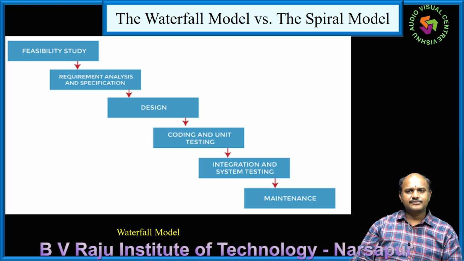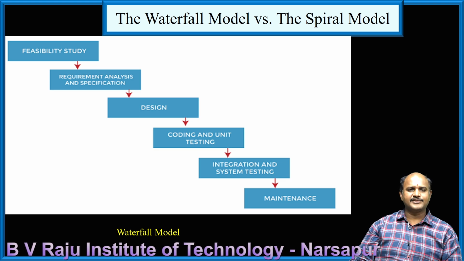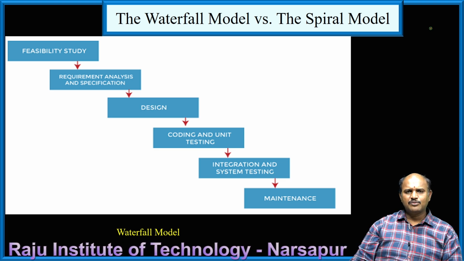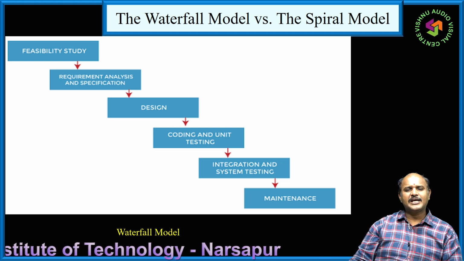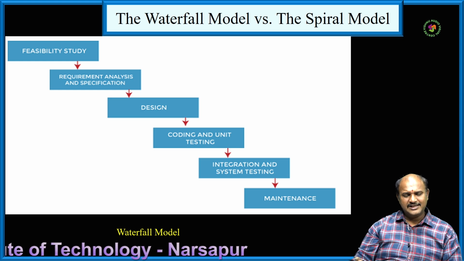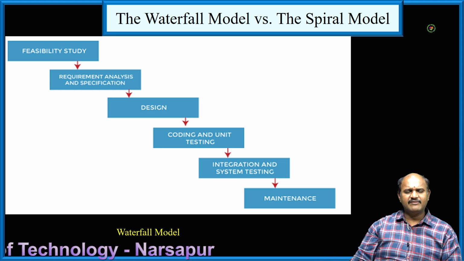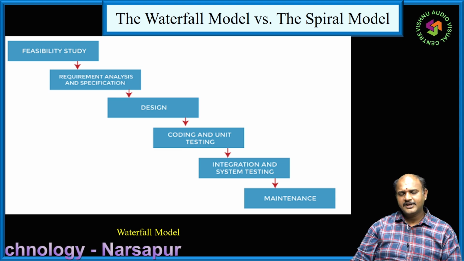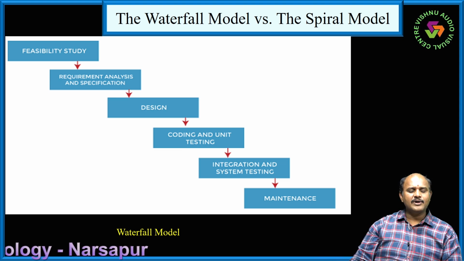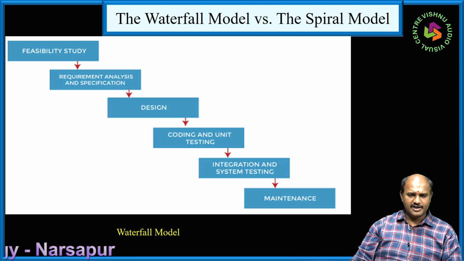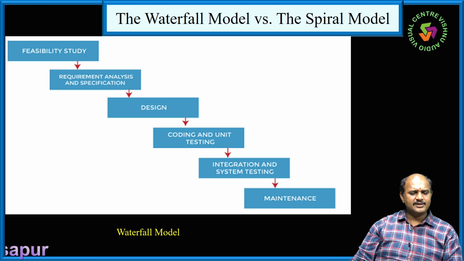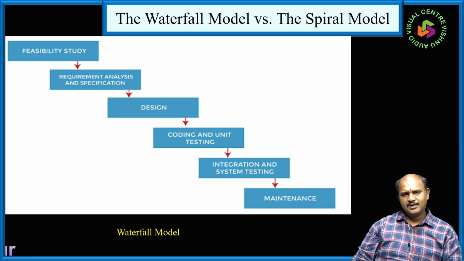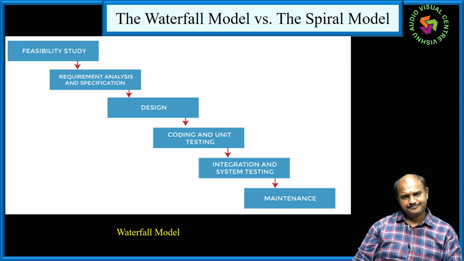Any problems, any data losses, everything we have to modify, and what are the specifications, what types of software are required, what are the limitations, what is the budget, and how many resources are required. Everything we take into consideration. So these are the things we cover in requirement analysis as well as specifications.